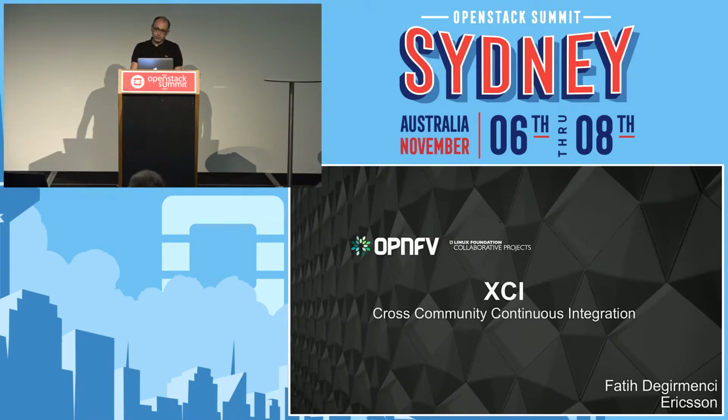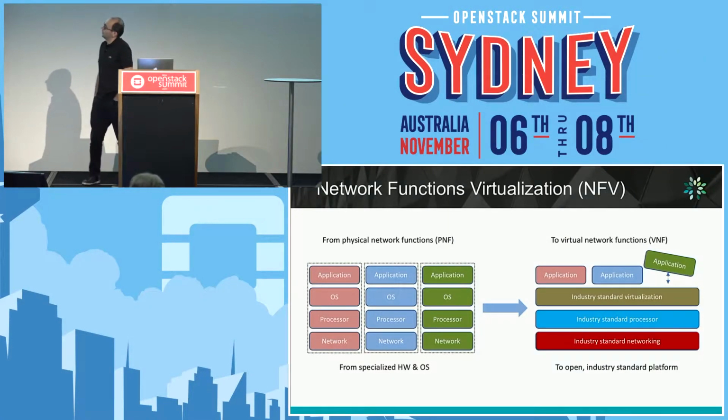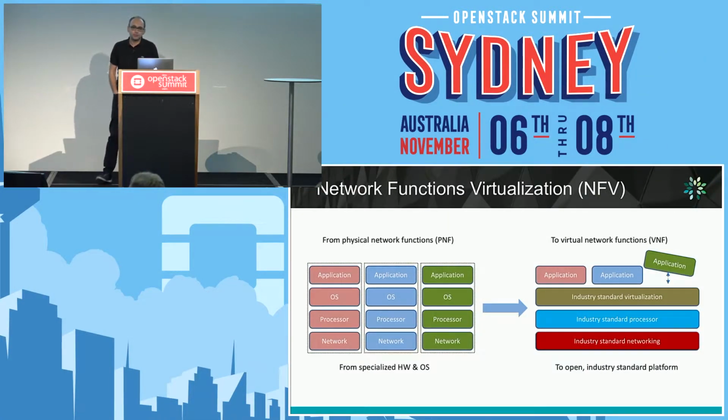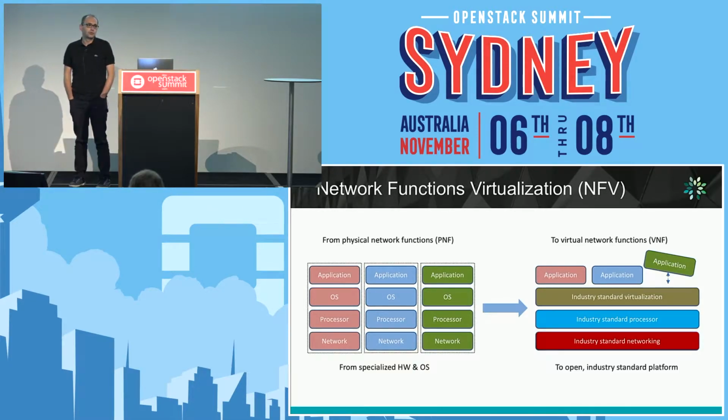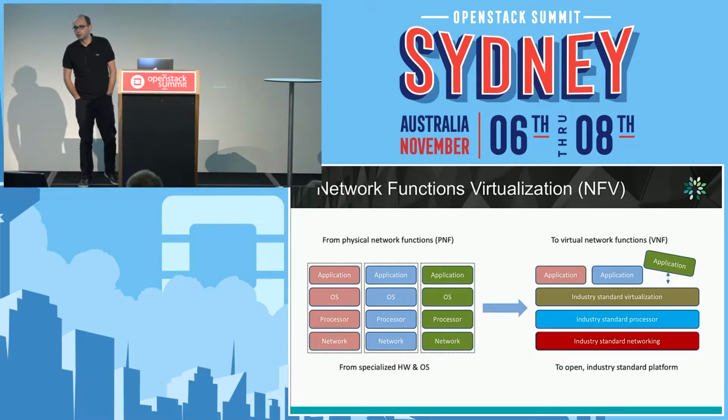Before going to the details of XCI, I can perhaps talk shortly about what network functions virtualization is. As we all know, current networks are mainly built using purpose-built hardware and software, and they are tough to evolve and transform.